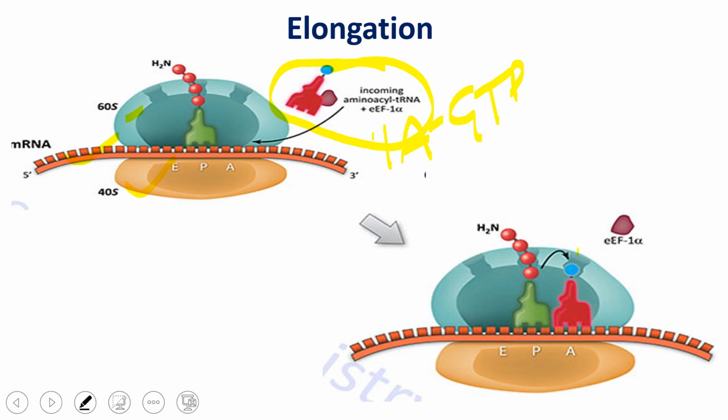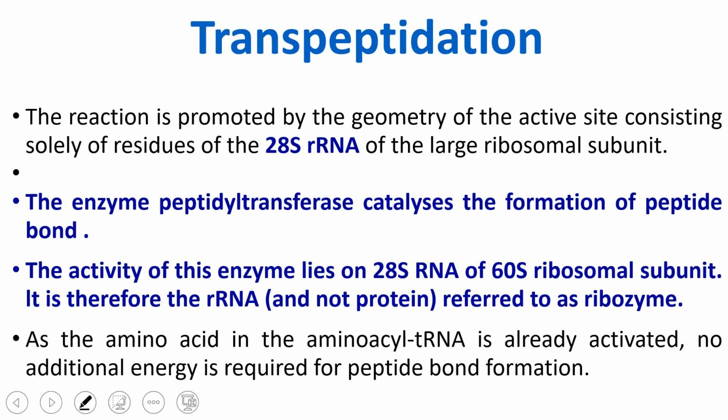Now peptide bond formation will occur. So this is called transpeptidation reaction. This transpeptidation reaction is promoted by the geometry of the peptide, consisting solely of residues of the 28S ribosomal RNA. This 28S ribosomal RNA is part of the large ribosomal subunit, meaning this is part of 60S.